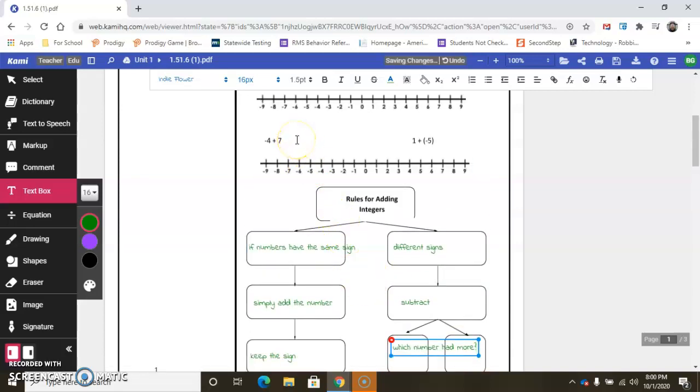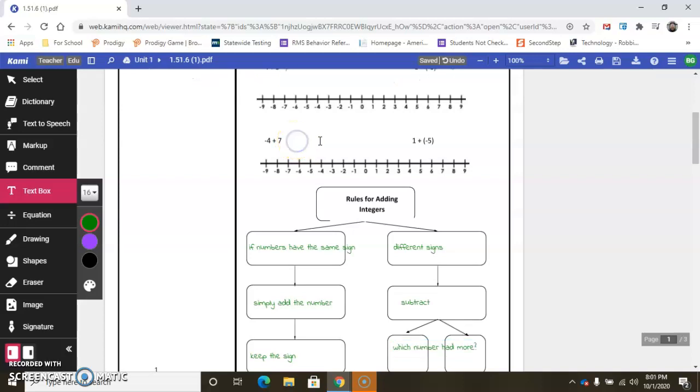Okay, so in -4 plus 7, remember we came up with an answer of 3. So think about it this way. They are different signs. They are -4 with a +7, different signs. You subtract those numbers. 7 minus 4 is 3. Are there more negatives here, or are there more positives? There's more positives, therefore the answer is positive.